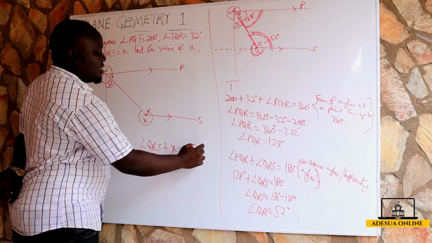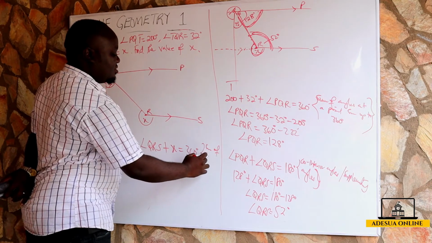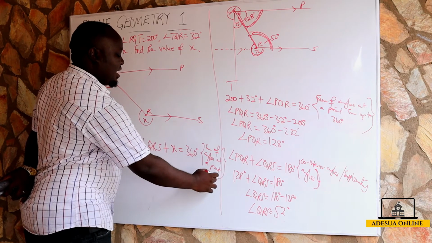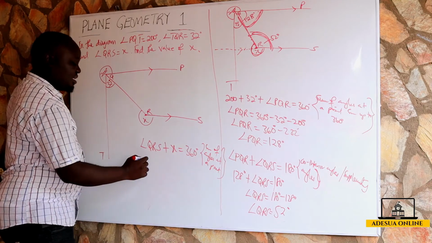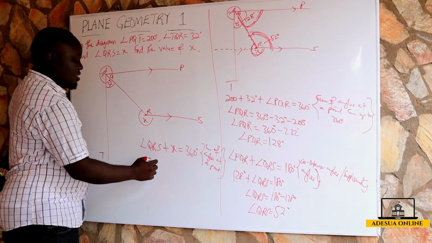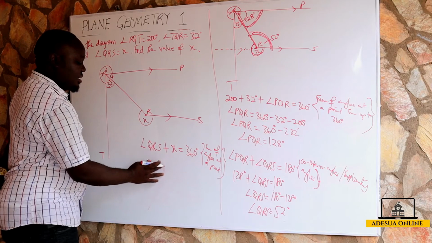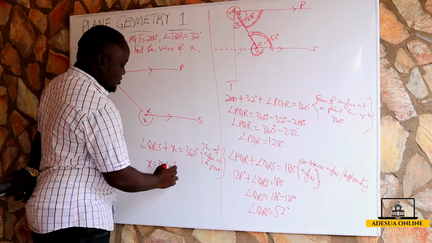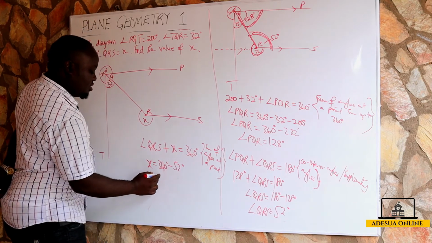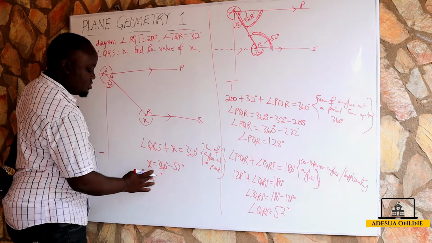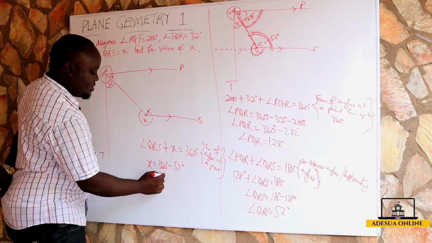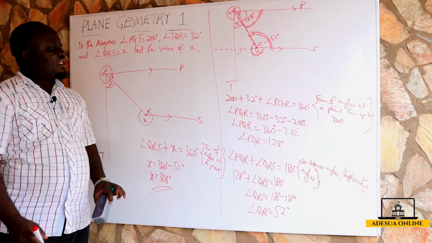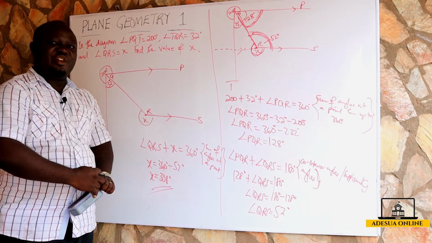Then we use sum of angles at a point add up to 360. So we shall have x to be equal to 360 minus angle QRS, which was given as 52. So x will be equal to 308 degrees. So with this, we have been able to solve for the value of x.